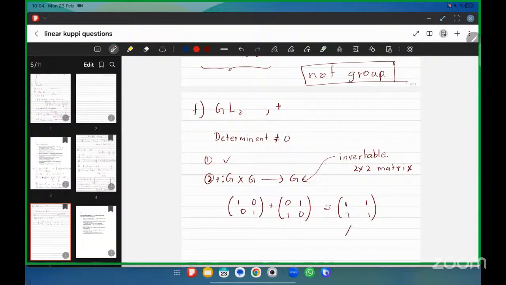But this determinant is equal to 0. So it is not invertible, which means the output is not from that same set.